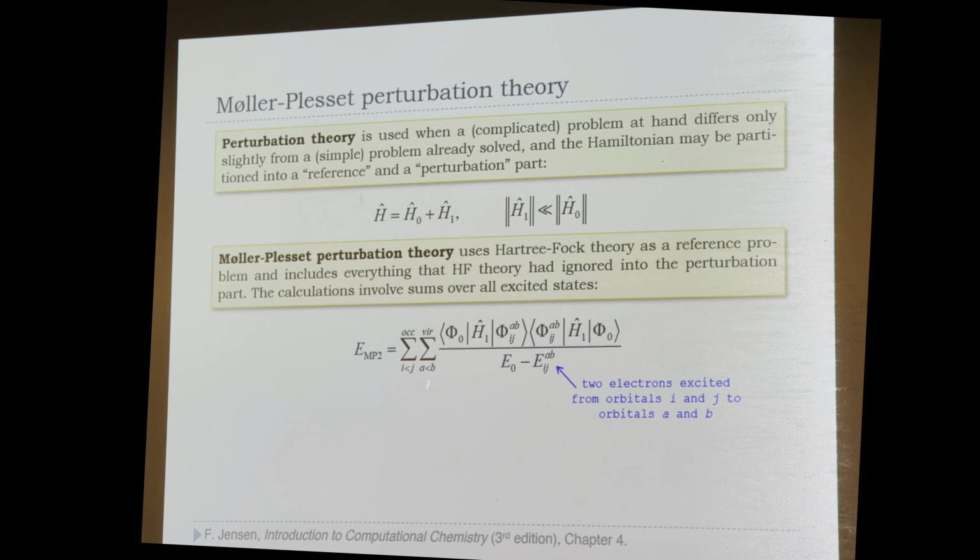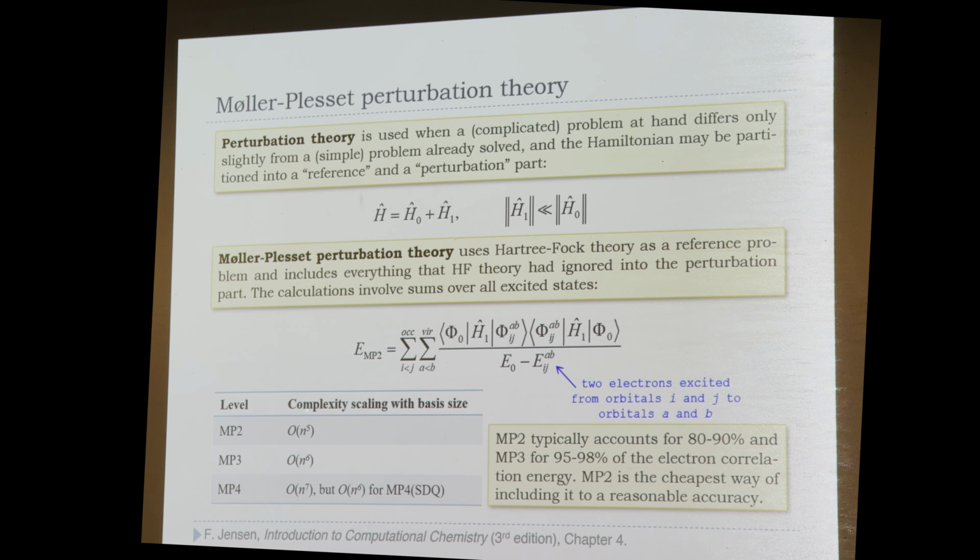This is a double sum over all of the excited states, and so the complexity scaling becomes worse. Remember, Hartree-Fock was between n squared and n to the fourth, depending on how well you played. Typically these days, a naive implementation would have O(n^3) complexity with respect to the number of the orbitals, but even the lowest level of Møller-Plesset has complexity O(n^5), at which point, if you have 1,000 orbitals in the system, goodbye calculation, right?